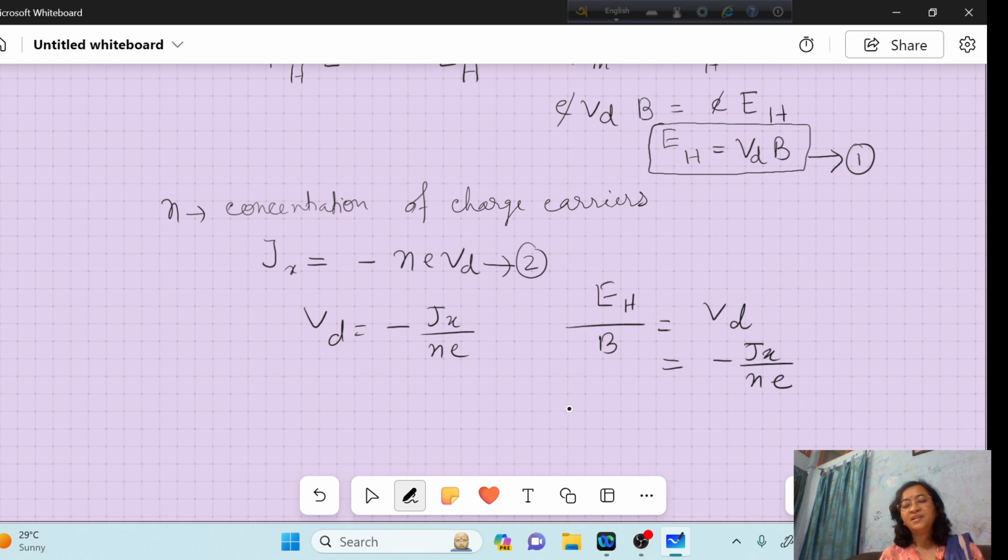So we can write EH by B Jx is equal to minus 1 by Ne. This is known as the Hall coefficient.